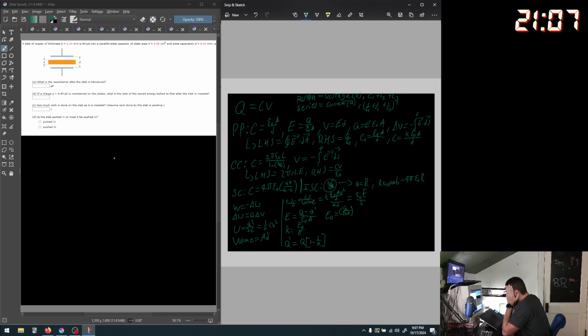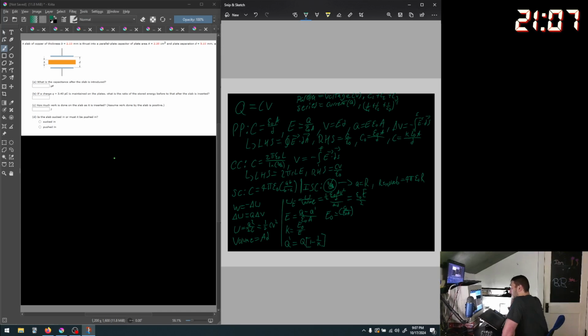C0 is epsilon 0 A over D. But C, which should be the one with the dielectric material in it, is K epsilon 0 A over D. But K of pure copper is nearing infinity, I believe. So it can't be used. Or maybe it's exactly 1, so it doesn't change anything. It's one of the two. I think my teacher said is infinity.